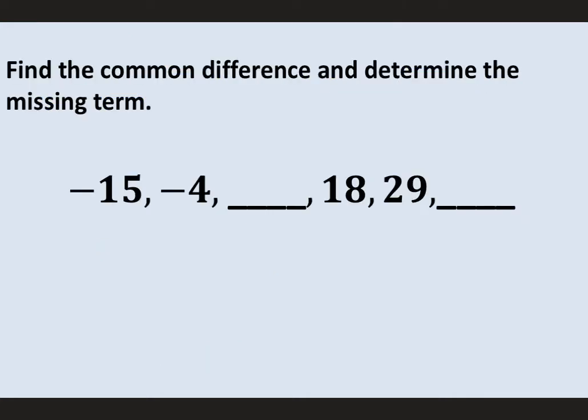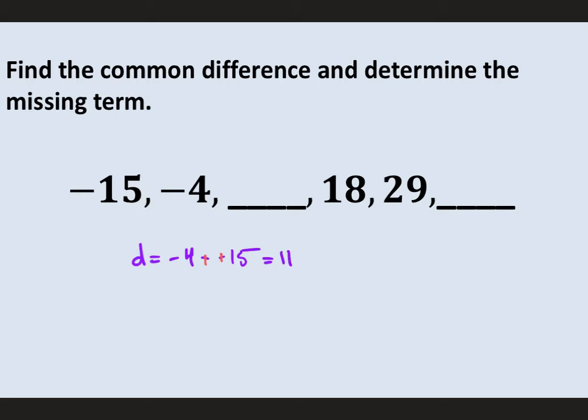All right, so it says find the common difference and determine the missing terms. Okay, so let's go ahead and find our common difference. So you're going to take, let's say, D equals -4 minus -15. Now, I like to do the plus bit here for the negative. So I have -4 plus 15, that equals +11.